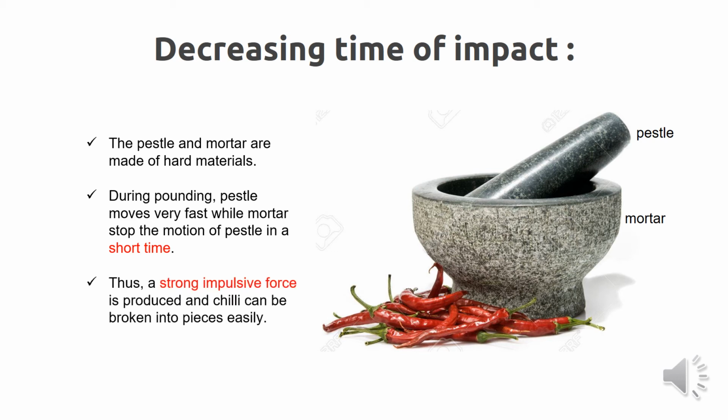Thus, a strong impulsive force is produced, and chili can be broken into pieces easily. Look at the formula of impulsive force. When the time is short, the impulsive force is strong.